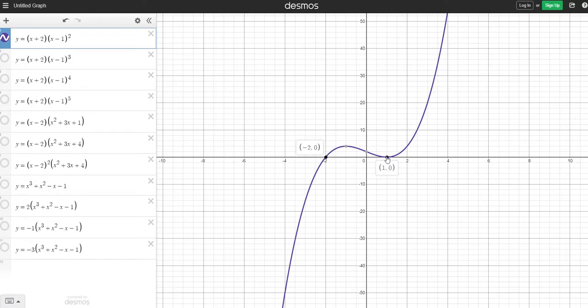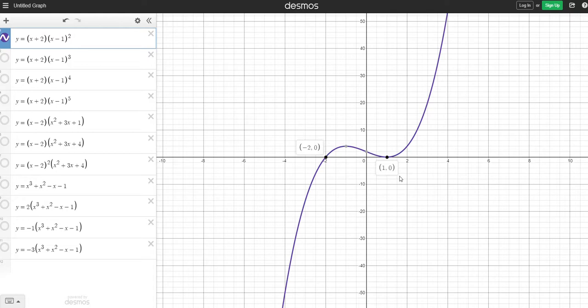Look what happens at the 0 of multiplicity 2. Instead of cutting through my x-axis, the graph kind of bounces off the x-axis and goes back up again. That's typical behavior, and it is in some way associated with multiplicity. I'm not quite yet ready to make a general statement, but watch for that cutting through versus bouncing off the x-axis.